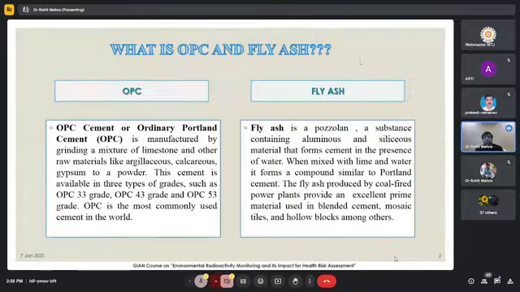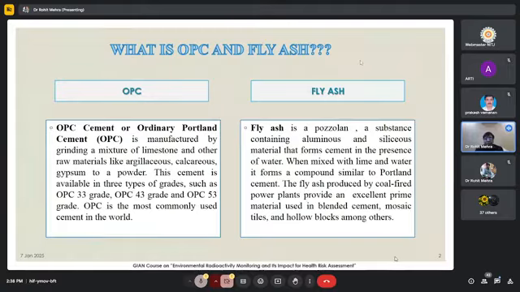The best Pozzolanic material used nowadays is fly ash. The cement you get from the market contains nearly 30 to 45% fly ash and nearly 45 to 70% cement. So it is a mixture of OPC plus fly ash.